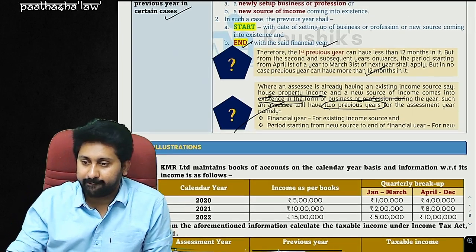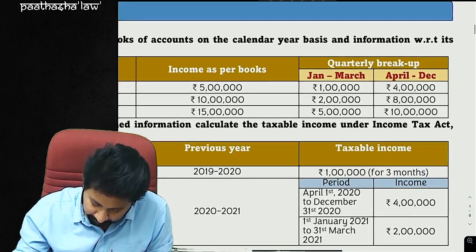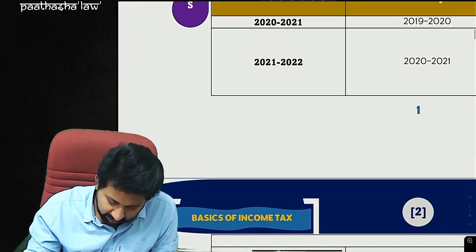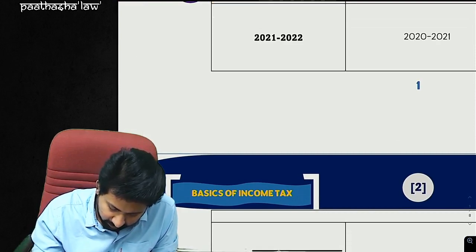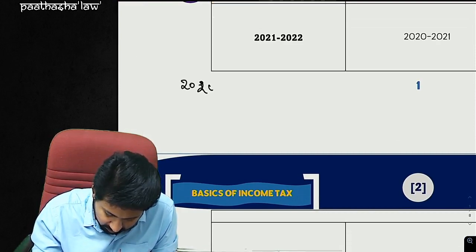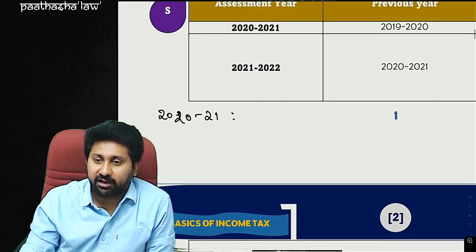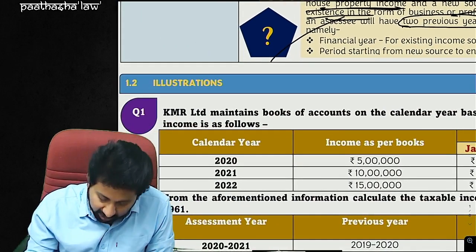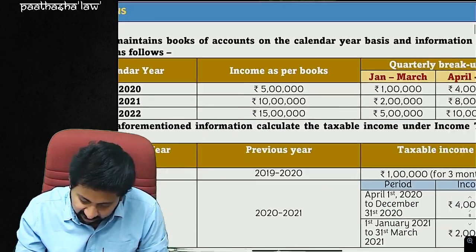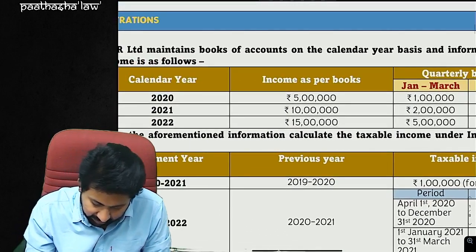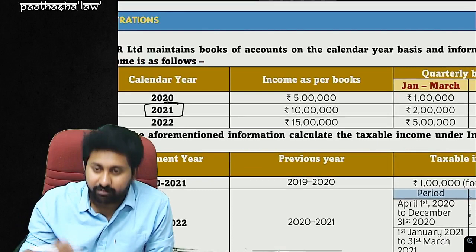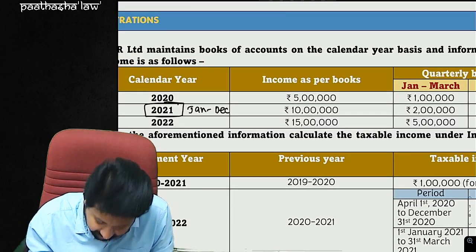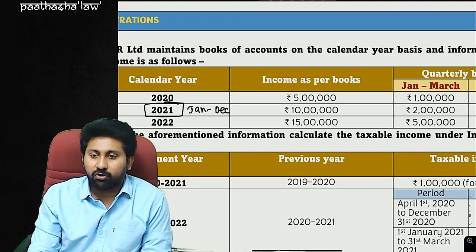See here. First, if you take the 2021 financial year, if you observe clearly, this is 21, January to December.